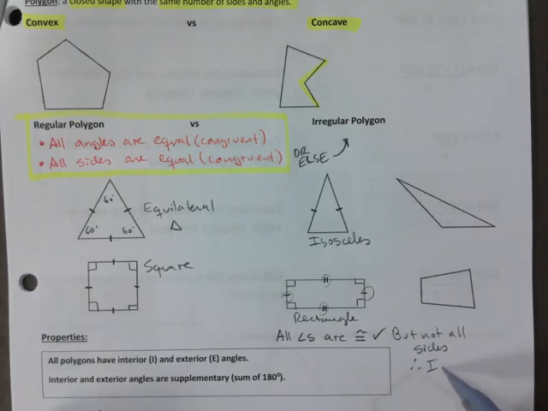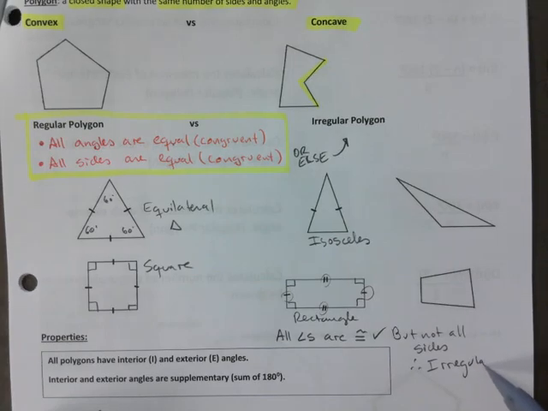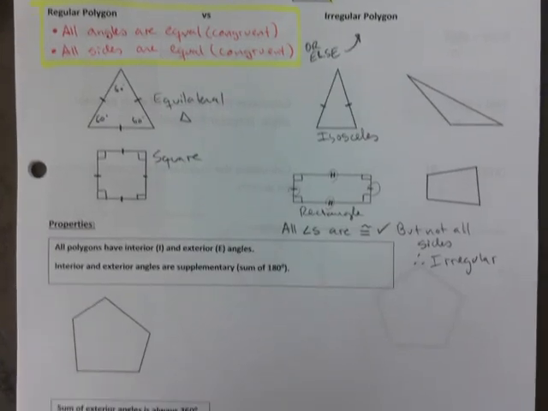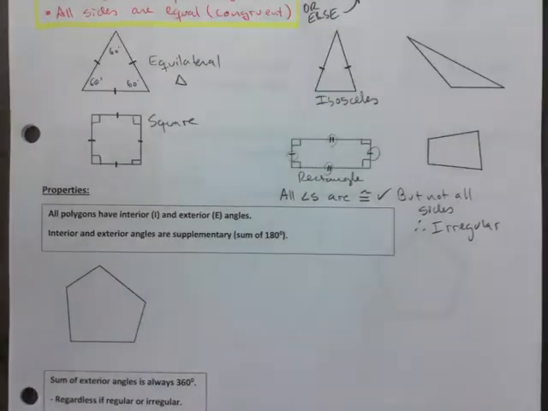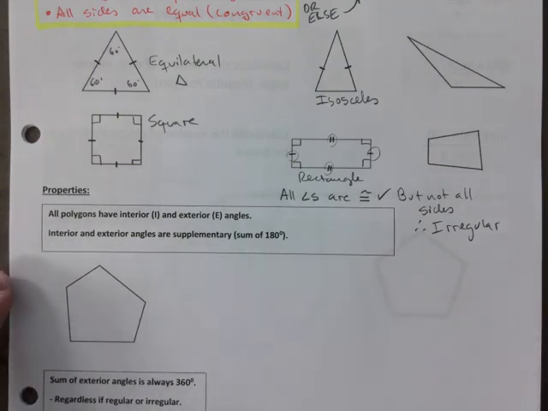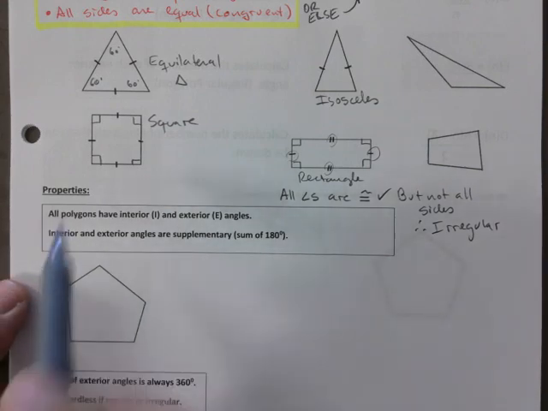Therefore, irregular. Did I ever tell you that the 3 dots in math is therefore? Just remember, all need to be the same. Angle, sides, and if not, you're irregular.